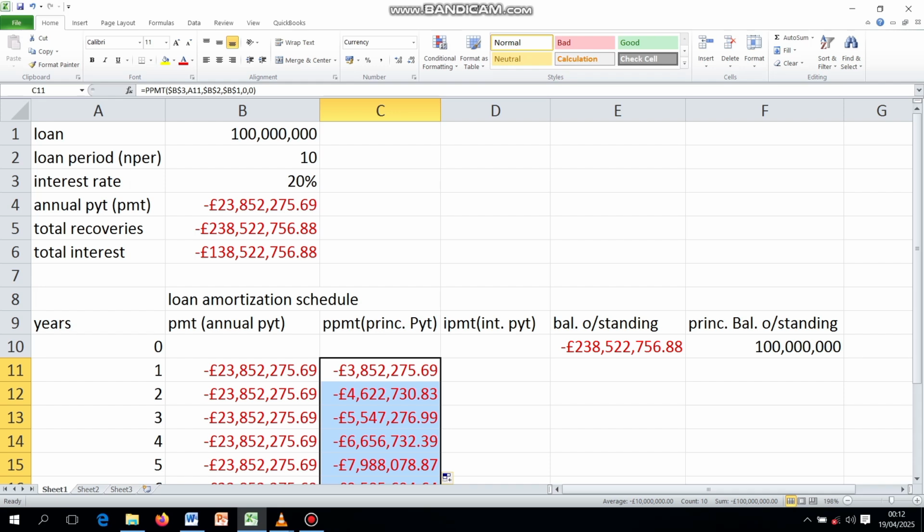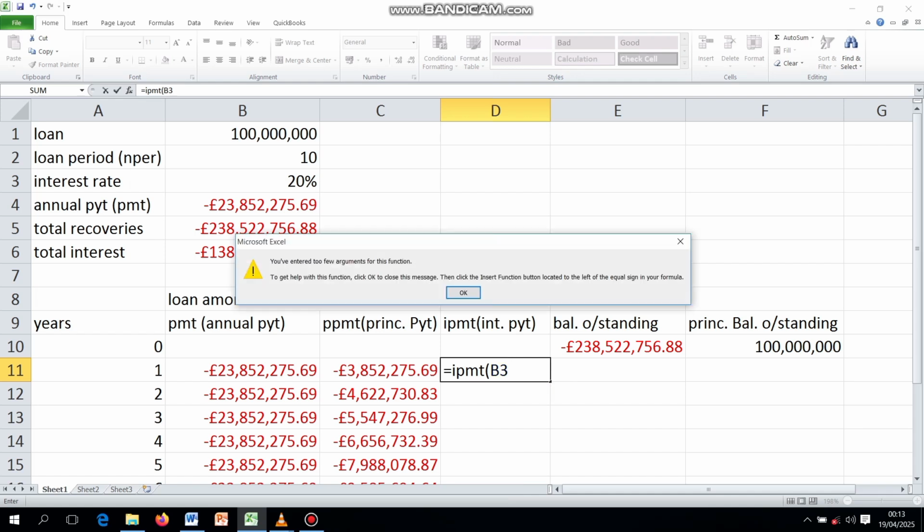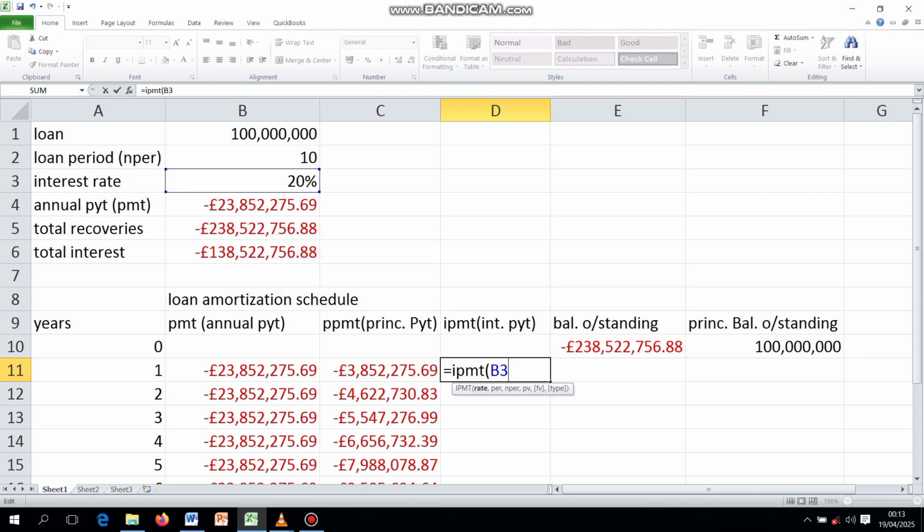Then I'll finish the principal payment. I'm now going to the solution for the interest payment. I will use still our formula, which is interest payment. Then I open up brackets. I put the rate, which is 20, the current period, which is, sorry, I put our interest rate.